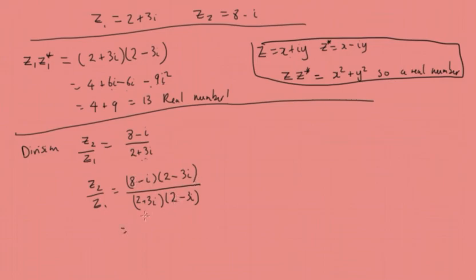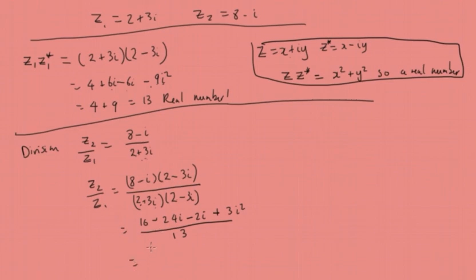Let's do the top one first. So that's going to be 16 minus 8 times 3i is 24i, minus 2i, plus 3i squared. And the bottom is going to end up being 2 squared, which is 4, plus 9, which will give us 13.